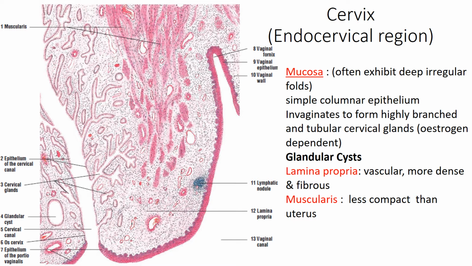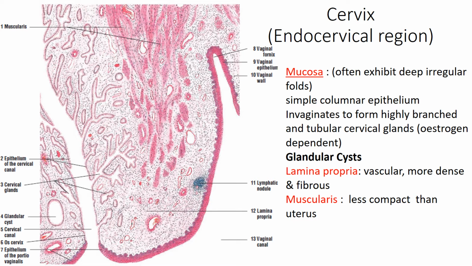The quantity of mucus secretion increases, and the mucus under the influence of estrogen is watery. So this abundant and thin mucus facilitates the movement of the sperm into the uterus.